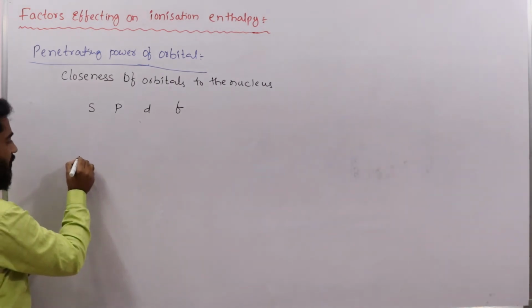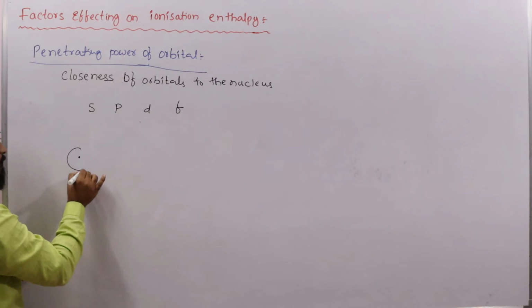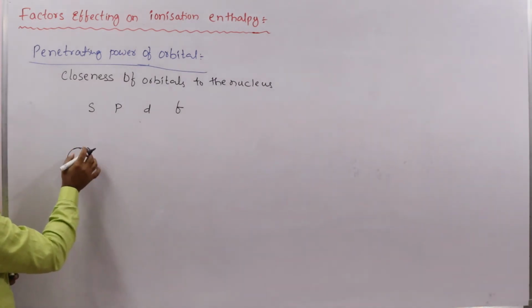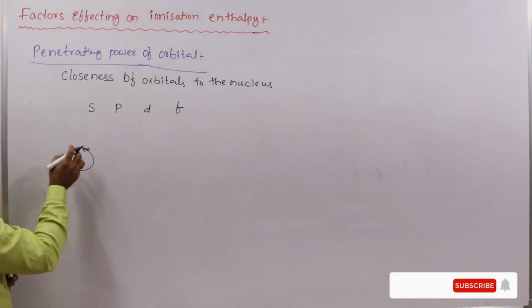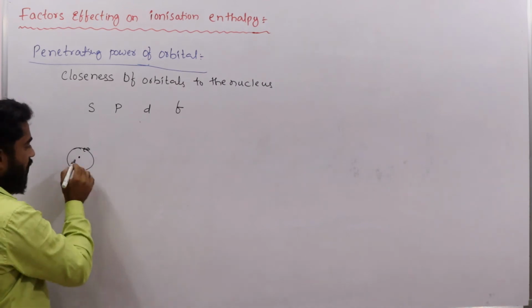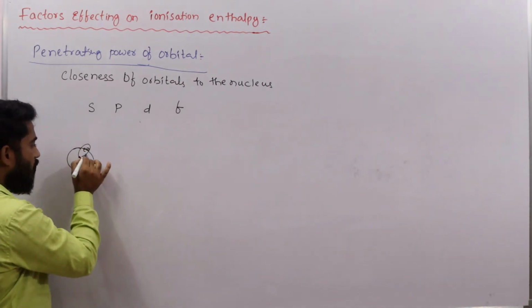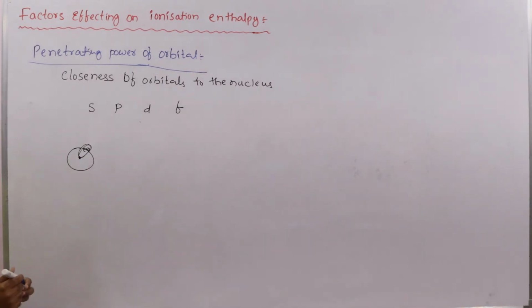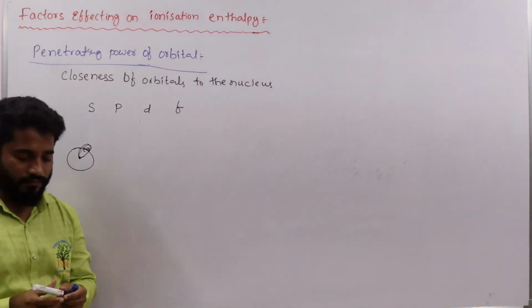For example, here the nucleus is there. Due to the spherical shape of the s orbital, the electron present in the s orbital is very close to the nucleus. When it is very close to the nucleus, nuclear attractions are more on this electron. That's why more energy is required to remove this electron.